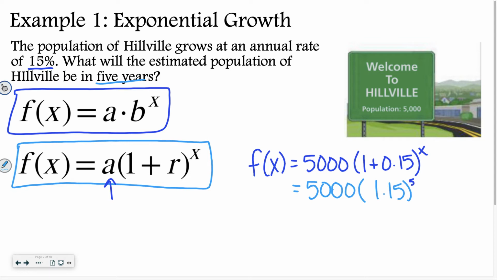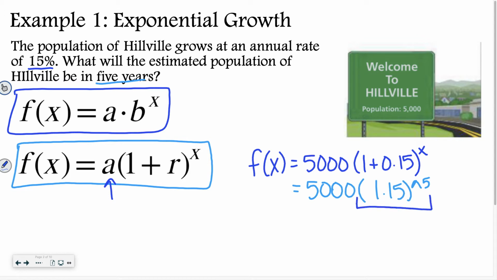Now I can type this into my calculator just like it's written here. The only thing that I would have to change is after I type in 5,000, parentheses, 1.15, parentheses, in order to get that 5, I'm going to have to use my caret key and then hit 5. And your calculator, so the TI-30X, is smart enough to know order of operations.